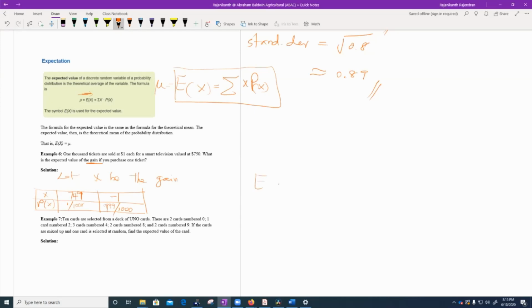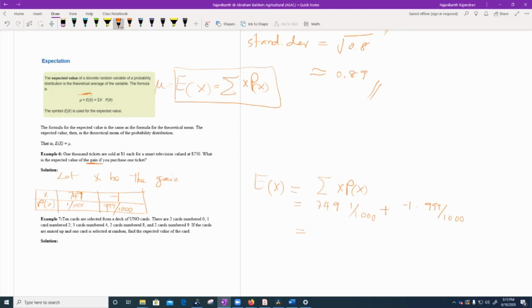Therefore, the expected value of this random variable gain is the summation of the products. This is given by 749 times the corresponding probability 1/1,000, plus the second possible gain, -1 times 999 over 1,000.